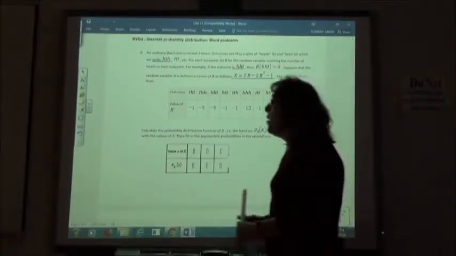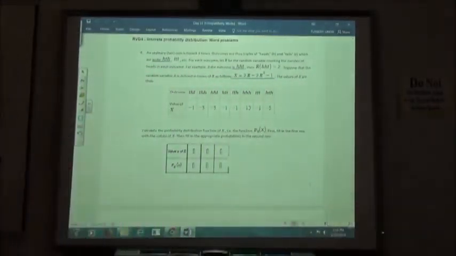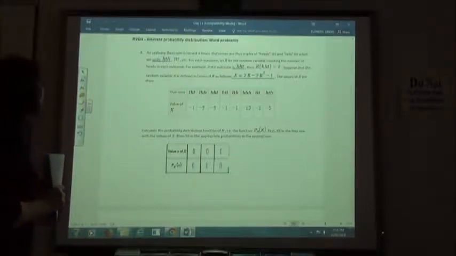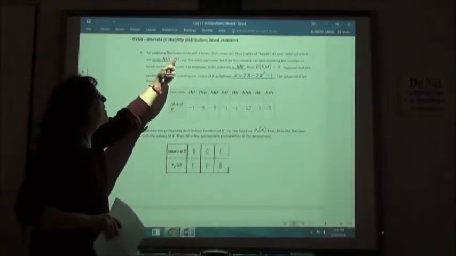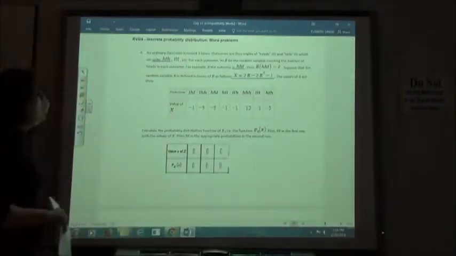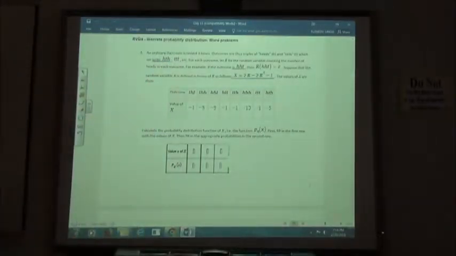So number 4, now they're going back to the probability of flipping a coin. An ordinary fair coin is tossed 3 times. The outcomes are triples of heads and tails, which we write as HHT, HTT, TTT, etc. For each outcome, let R be the random variable counting the number of heads in each outcome.